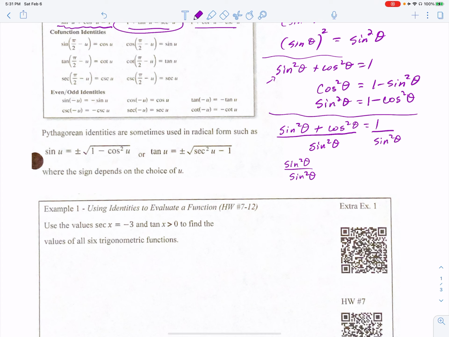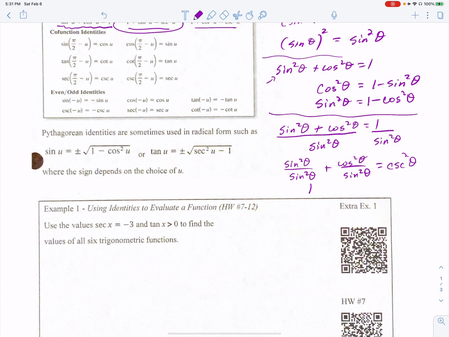I can divide each of these by sine squared, and 1 over sine squared is cosecant squared theta, because the reciprocal of sine is cosecant.